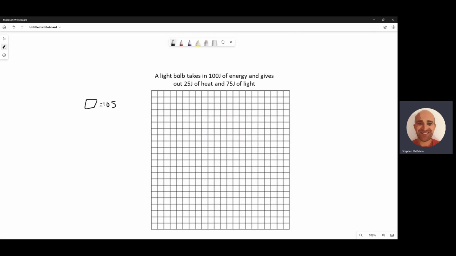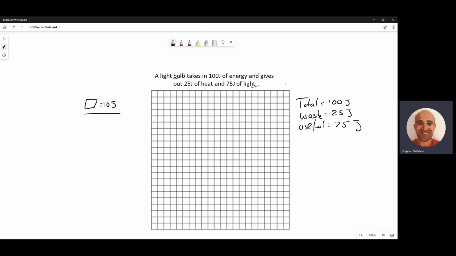So, light bulb takes 100 joules of energy and gives out 25 joules of heat. So we'll say that total energy is 100 joules. We'll say that the wasted energy is 25 joules and that the useful energy is 75 joules, because we obviously want my light bulb to be giving out light.